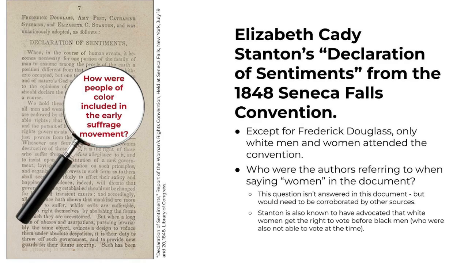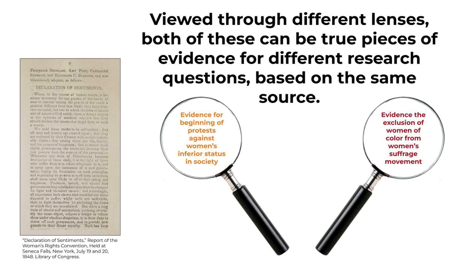This source might also be used to answer questions about how people of color were or were not included in the early suffrage movement in the United States, showing who attended the convention and who exactly attendees believed should have these rights. While these are two different research questions, you can build evidence to support both from the same document by applying two different lenses to interpret the past.